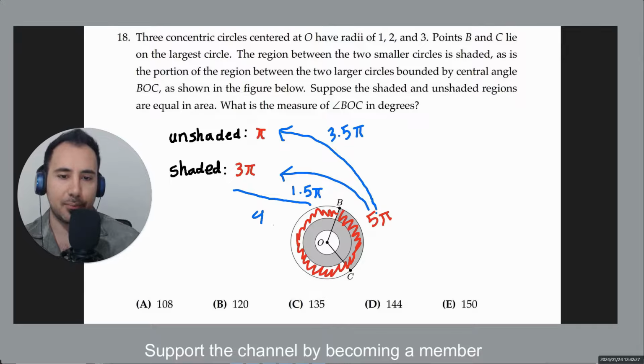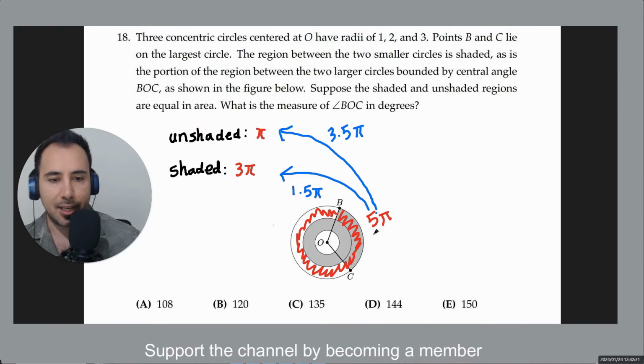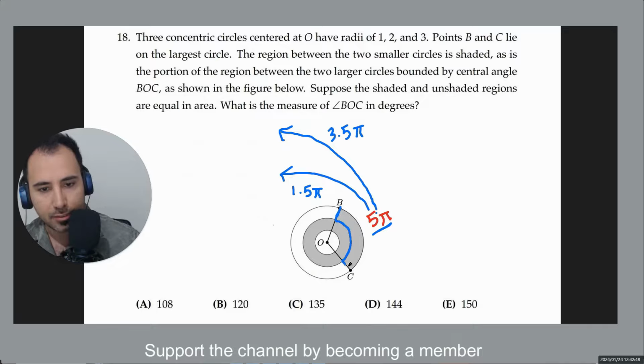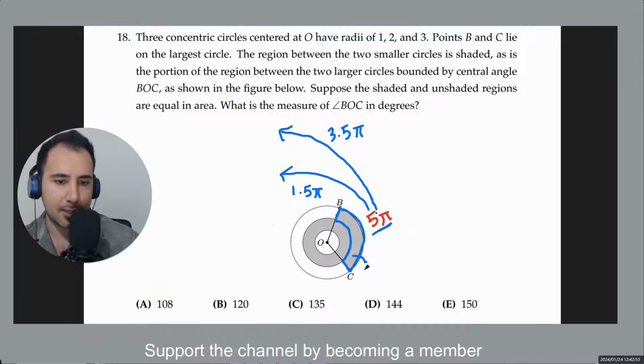So what does that mean? That means I need to cut this 5 pi that I have in these ratios. Okay, let's look at here. All of this was 5 pi, and this portion of it is only 1.5 pi.